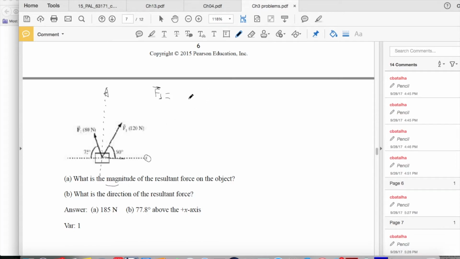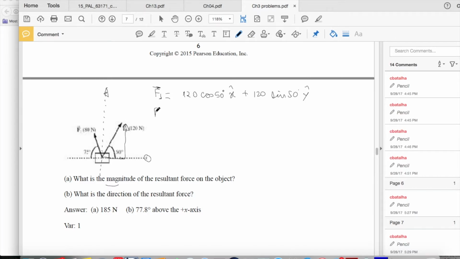Well, the run is 120 cosine of that angle, 50, in the x direction. And what is the rise of this force? The rise of the force is positive 120 sine of 50. This is in the y direction.